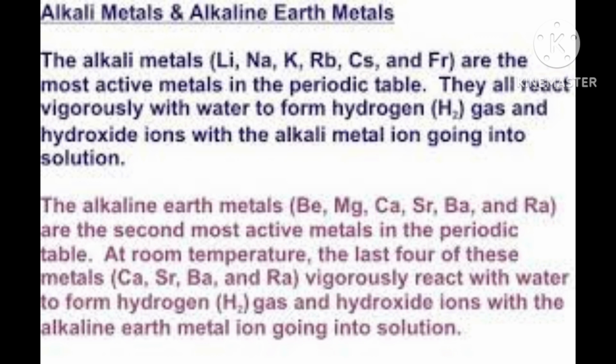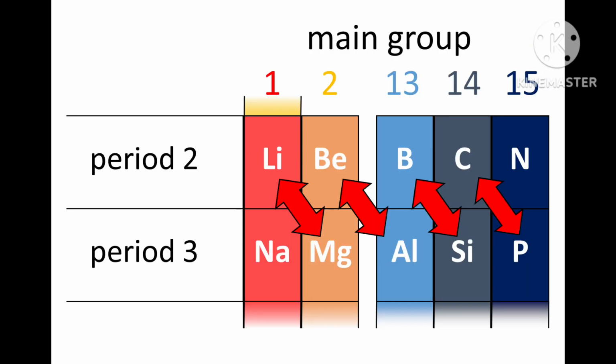Its symbol is Ra, capital R, small a, and its electronic configuration is, in the end, 7s square, and before 7s the radon configuration, Rn. This I have told you about electronic configuration. Actually, electronic configuration plays a big role in telling about the physical properties as well as chemical properties.